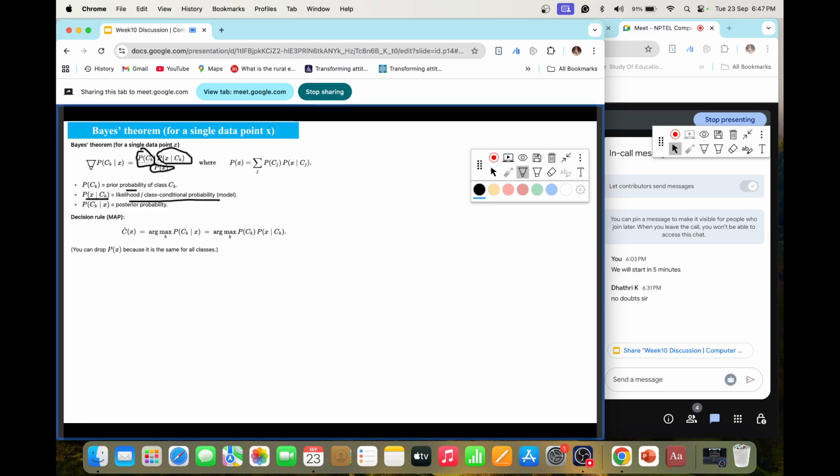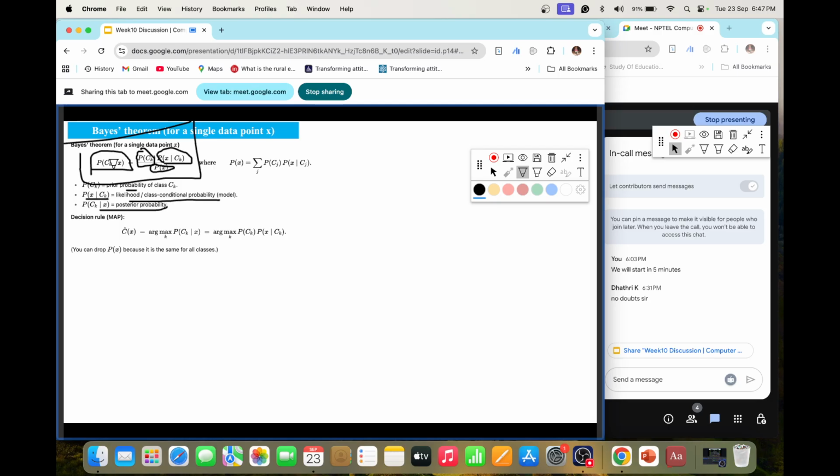Now by that you have to calculate P(C_k|x). P(C_k|x) means the probability of the class given the data point. That you have to calculate by this theorem, known as Bayes theorem. The probability of class given the data point is also known as the posterior probability. And how can we say that this data point belongs to this class?